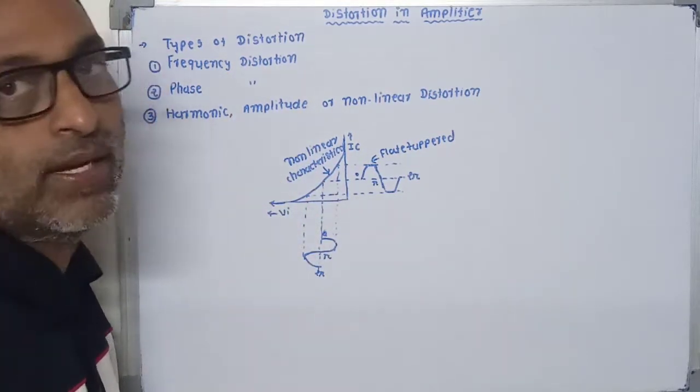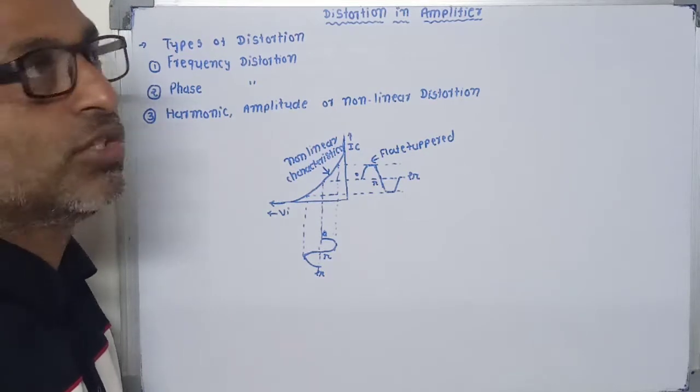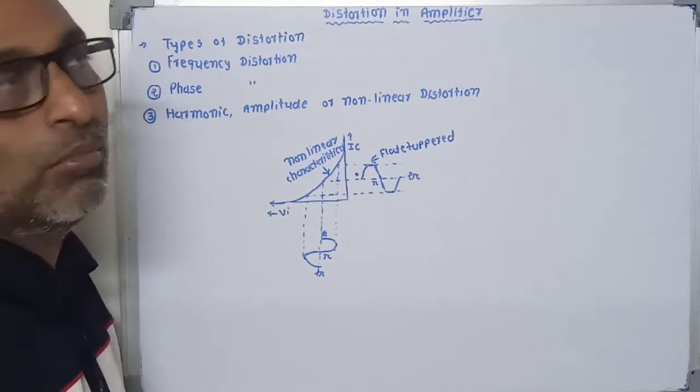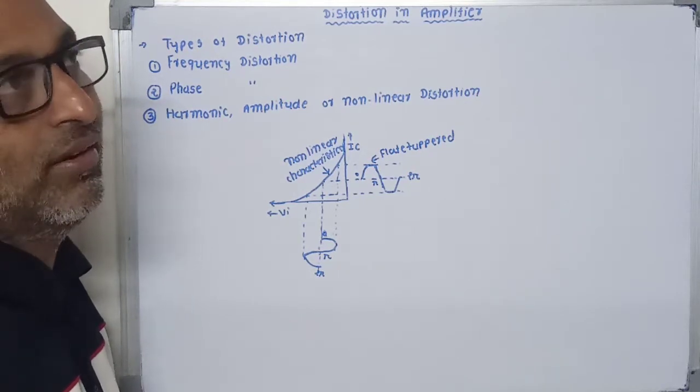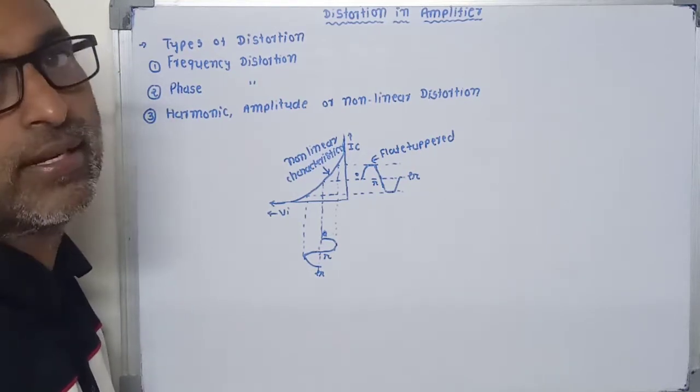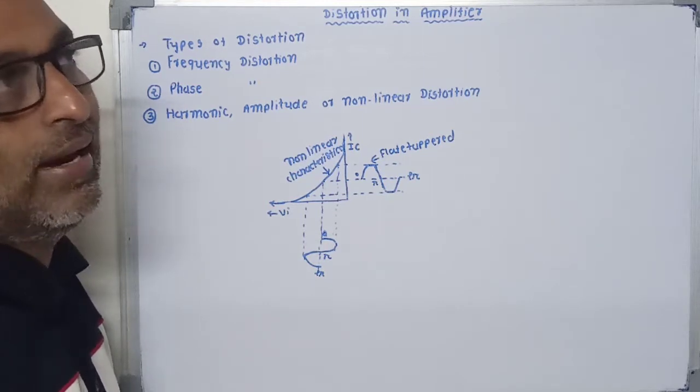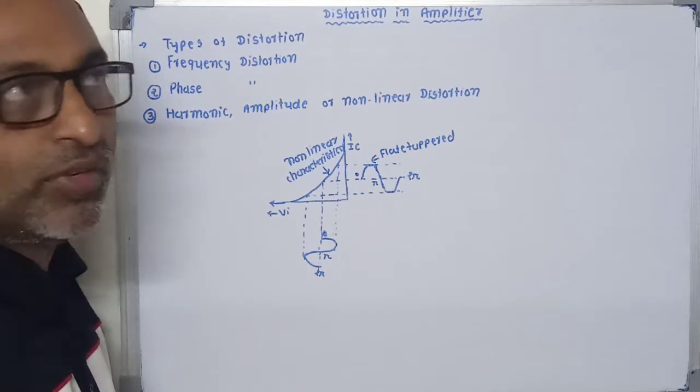First, frequency distortion. This signal is not perfectly sinusoidal, but is made of many sinusoidal signals. These different sinusoidal signals have different frequencies, and the amplifier will not equally amplify all the components.